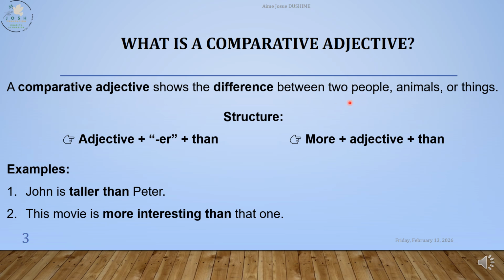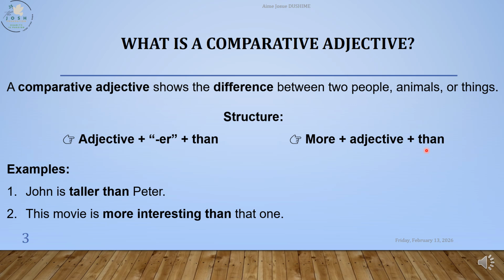And we use more plus adjective plus than for long adjectives. When we say long adjective, these are adjectives having two or more syllables. For example, important. Those are three syllables. And expensive, those are three.